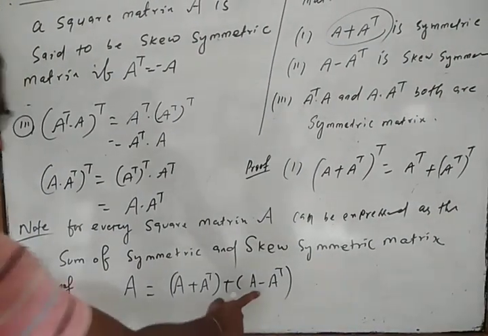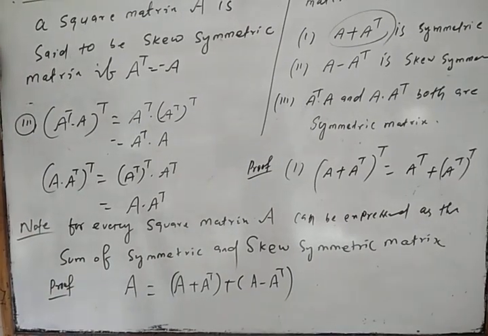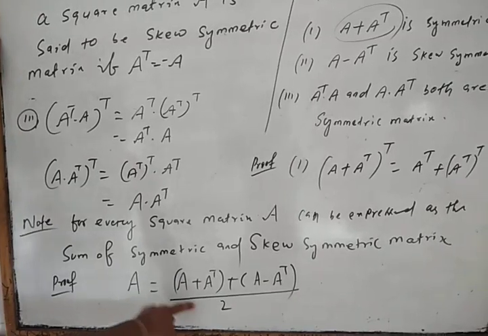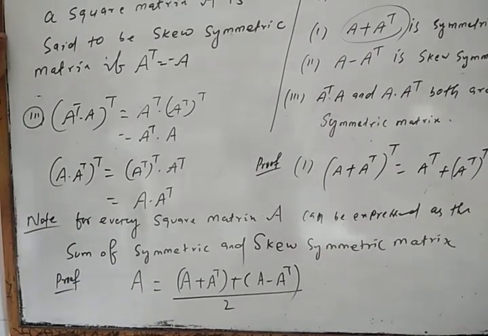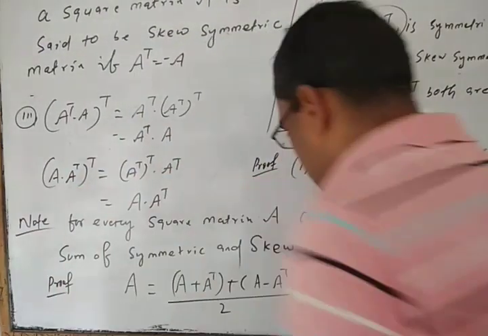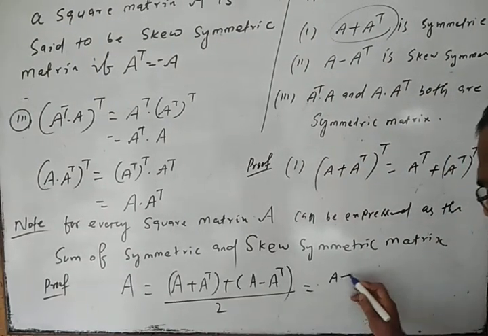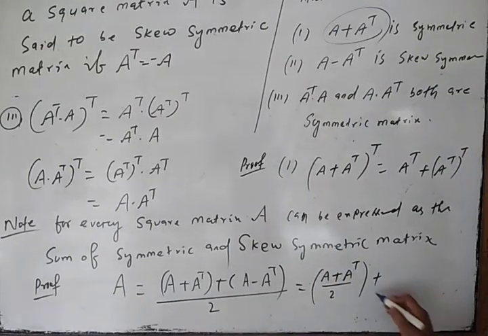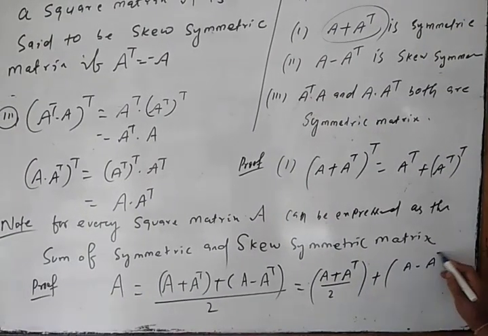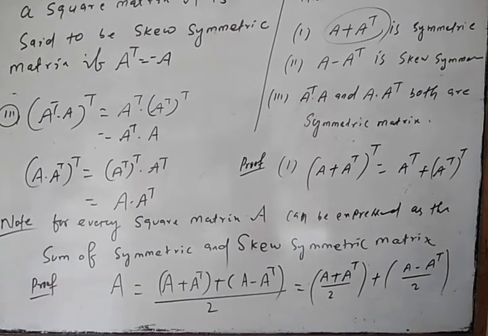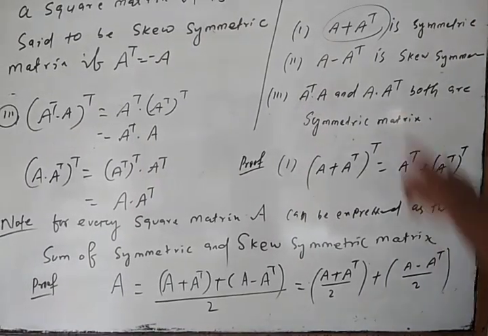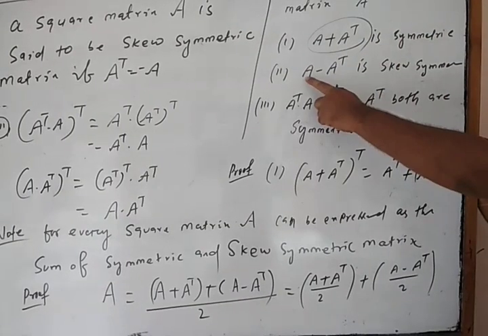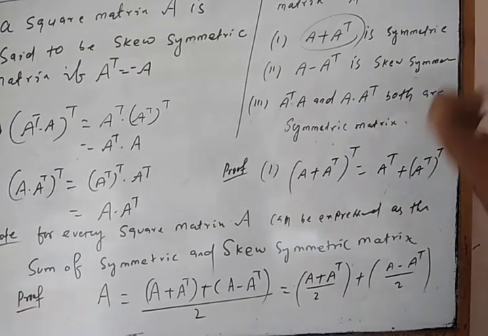After simplification, dividing by 2, left hand side is equal to right hand side, and this is equal to, you have to write it this way, (A plus A transpose) by 2 plus (A minus A transpose) by 2. Clearly in the beginning we proved that A plus A transpose is symmetric and A minus A transpose is a skew symmetric matrix.